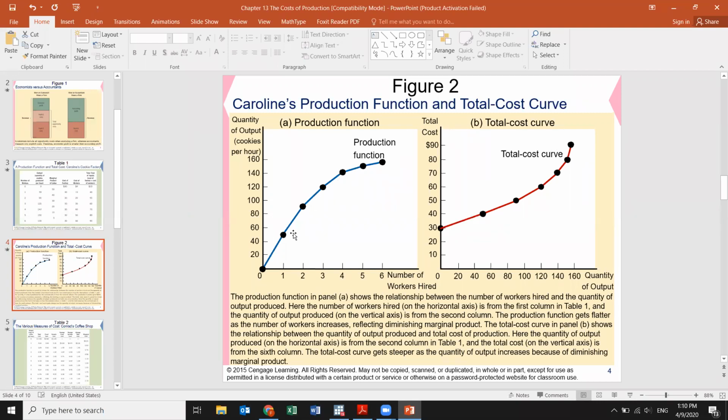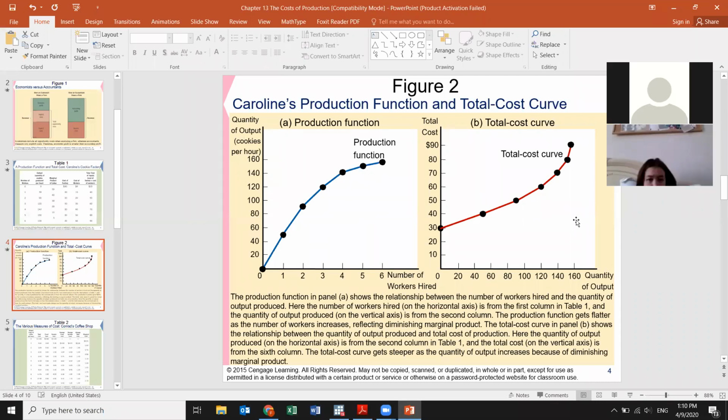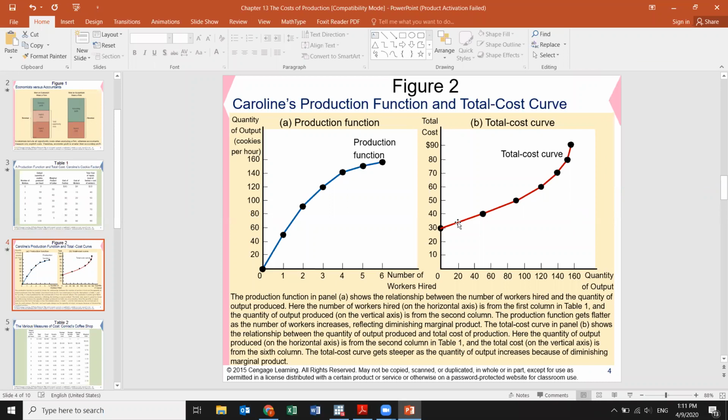The production function grows as additional workers are added, increasing the quantity, but eventually, in the long run, it becomes flatter. However, in the total cost case, as the number of workers is higher, the total cost increases, the quantity increases, and eventually it becomes steeper.